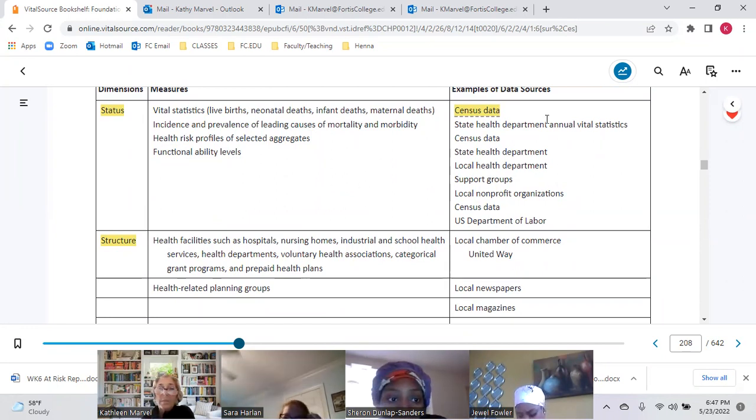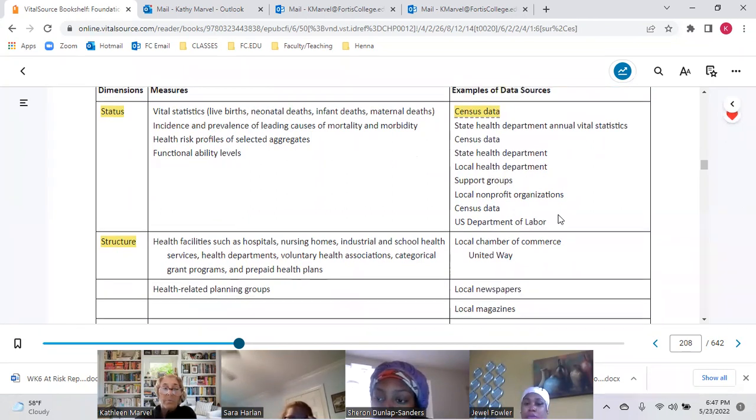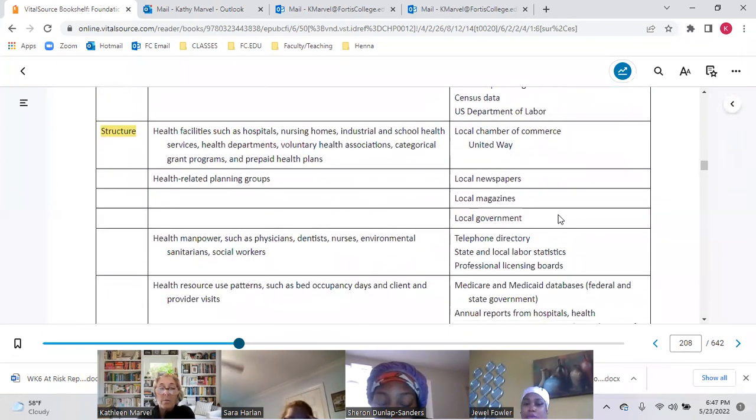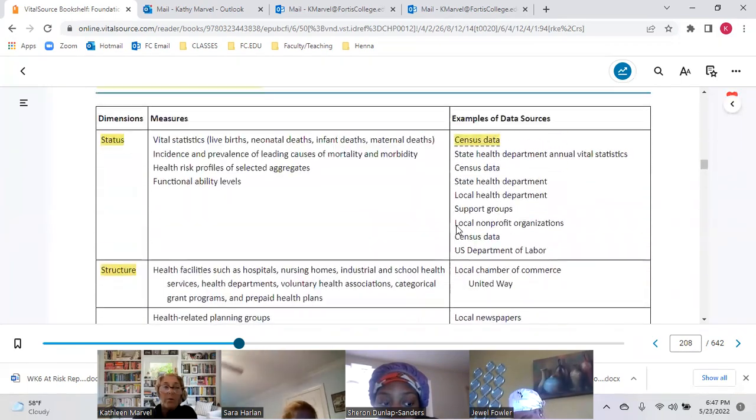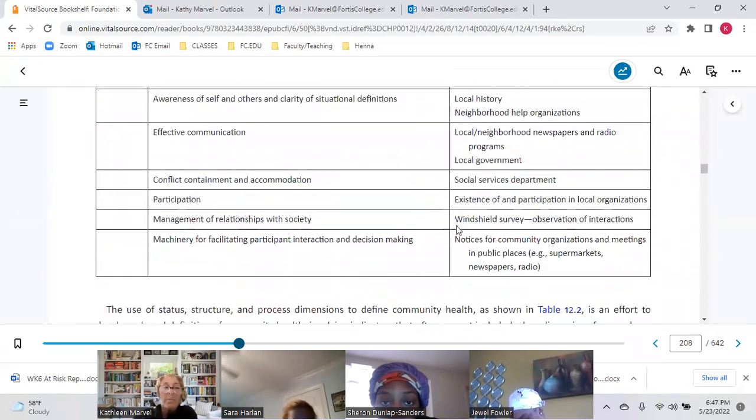Okay, and where might we get this information? Okay, and then the structure, how is it made up? Okay, and then the process. How does the community function? Okay, so we need to be aware of those three.